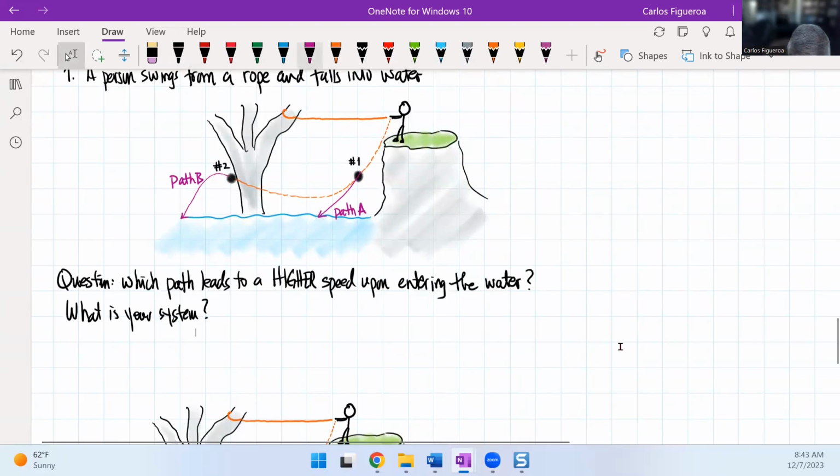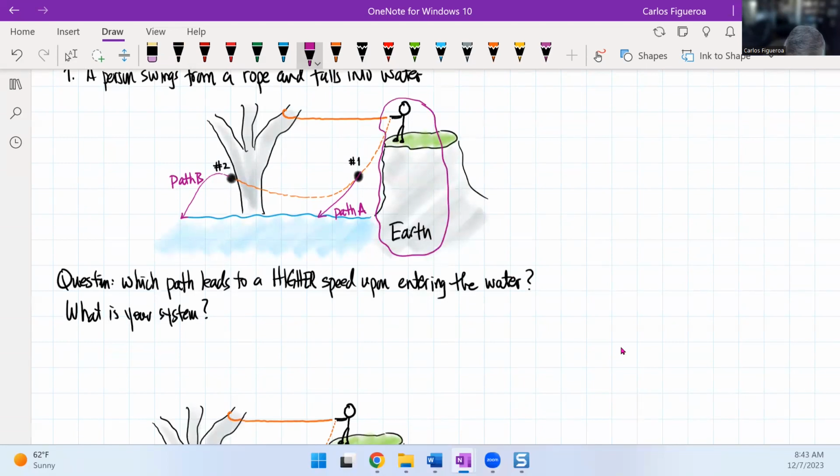Well, I do know that I have the force of gravity and I have the tension. So what am I going to do? I want Earth to be in my system. When I choose the force of gravity to be part of the system, its work can be converted into potential energy.